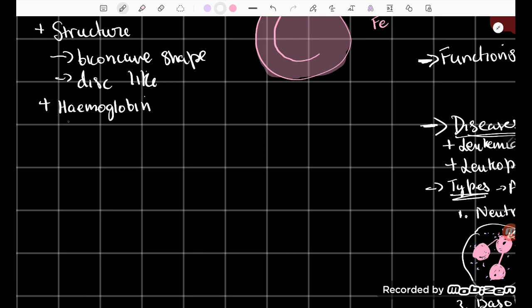Hemoglobin is made up of hemin, the iron containing part, so this is the Fe part, and globin, which is a protein. Those are the two things that make it up.